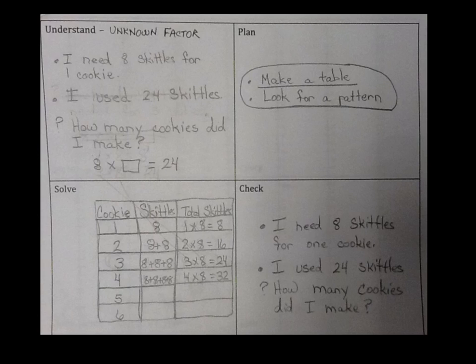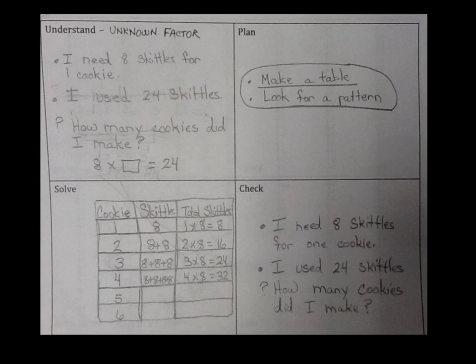I could keep going and notice that I have 4 cookies, or 8 Skittles in 1 cookie, 8 Skittles in the second cookie, 8 Skittles in the third cookie, and 8 Skittles in the fourth cookie, or 4 times 8 equals 32. And I could do that for 5, I could do it for 6. But I can stop because I have my 24, which is what the story is asking.